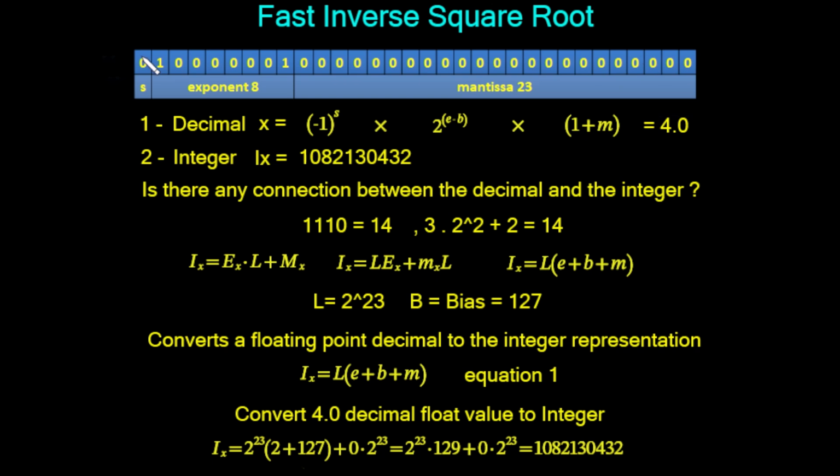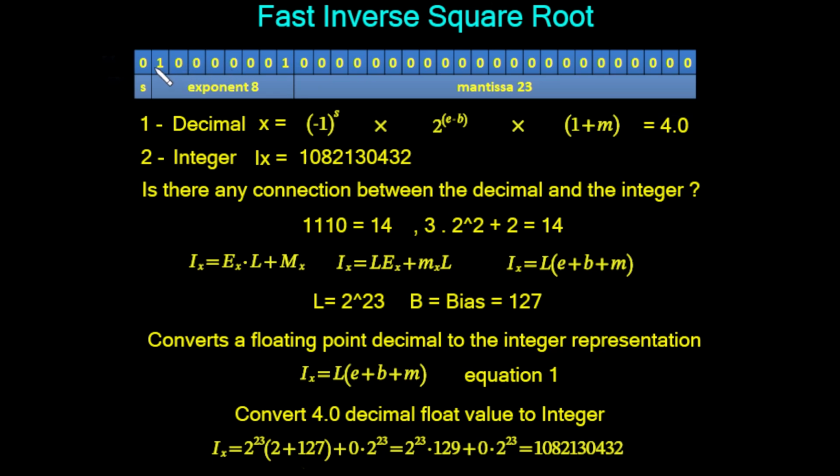Now we're going to do something that's rather strange. We're going to look at this number here, and we're going to interpret it as an actual integer. So if we start from the far right here, this would be 2 to the 0, 2 to the 1, 2 to the 2, 2 to the 3, and so on and so forth all the way up here. And this one here would be 2 to the 23, because it starts off at 0, and then we would have these zeros here, and this would be another value.